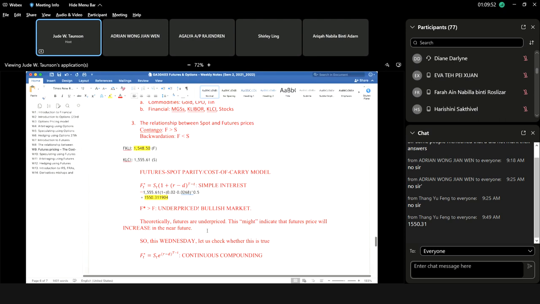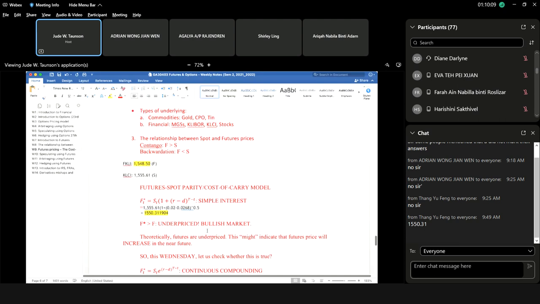Let's check whether this is true. Okay, we want to see whether this Wednesday or even tomorrow, because we have a meeting on Wednesday, right. So we see whether the price has increased or not. Which price? Both prices. Okay, because the futures price is derived from spot. That's why it's called derivative.